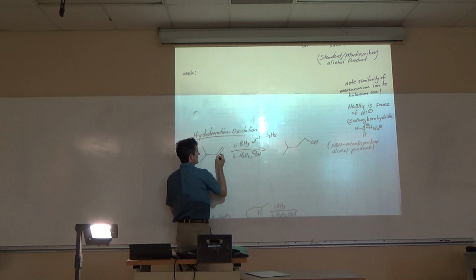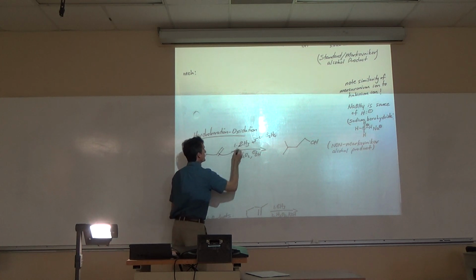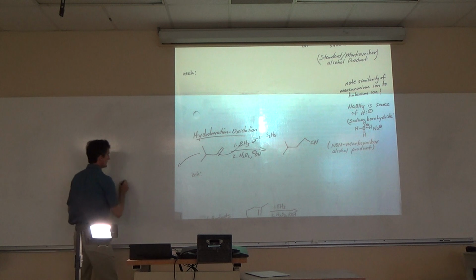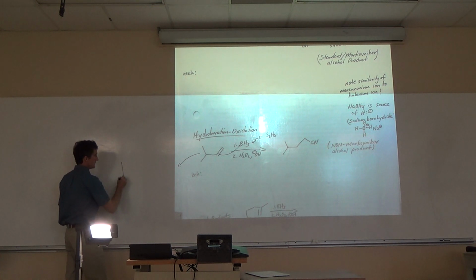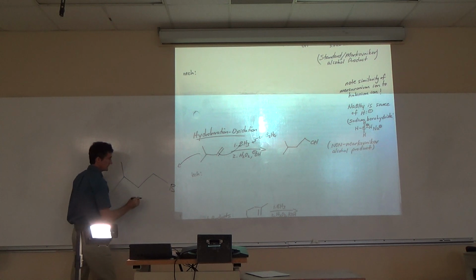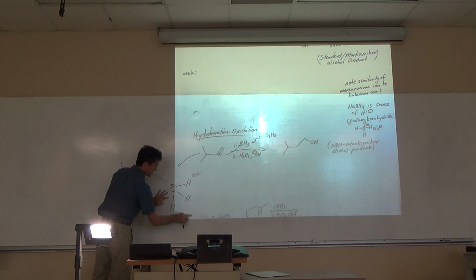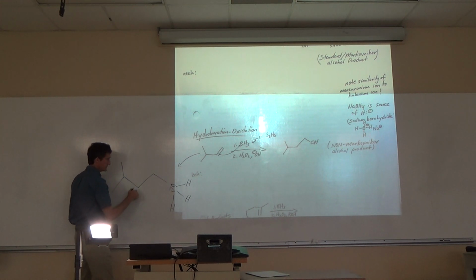These electrons attack boron. Where are we going to leave cation, top or bottom? Bottom, right? These electrons attack boron. Right? What's on the boron? 3 H's. And what's here now?